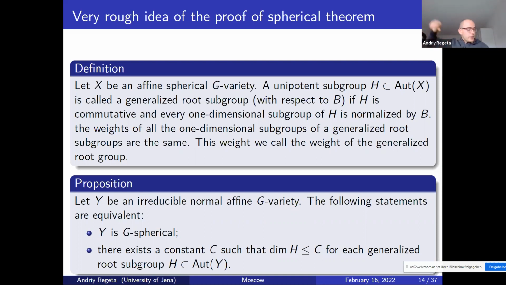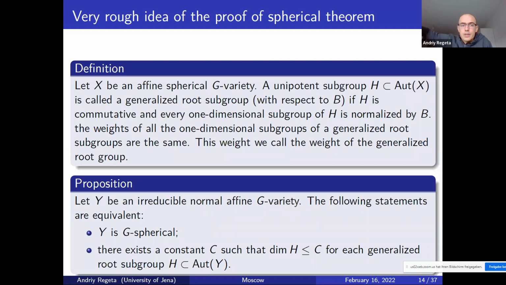For example, you can take the dimension of X or even the dimension of X minus 1. It can be given even more precisely, but I don't want to do it now, and we also didn't do it in the paper because we didn't need it.